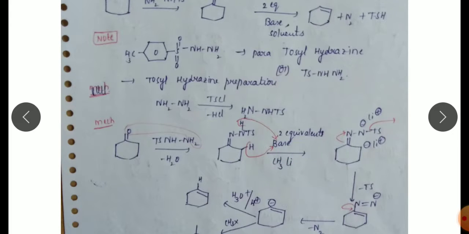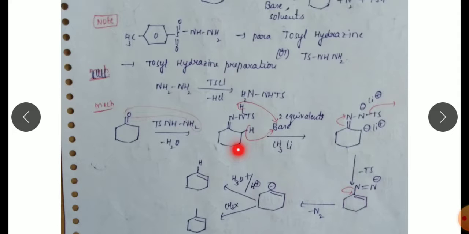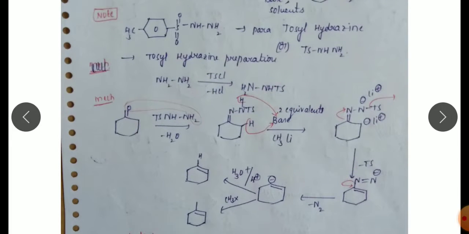These 2 moles of the base abstract 2 acidic hydrogens. In this molecule, this hydrogen is of a more acidic nature, and this hydrogen is also of a more acidic nature. So these 2 hydrogens are abstracted by the methyl lithium base.